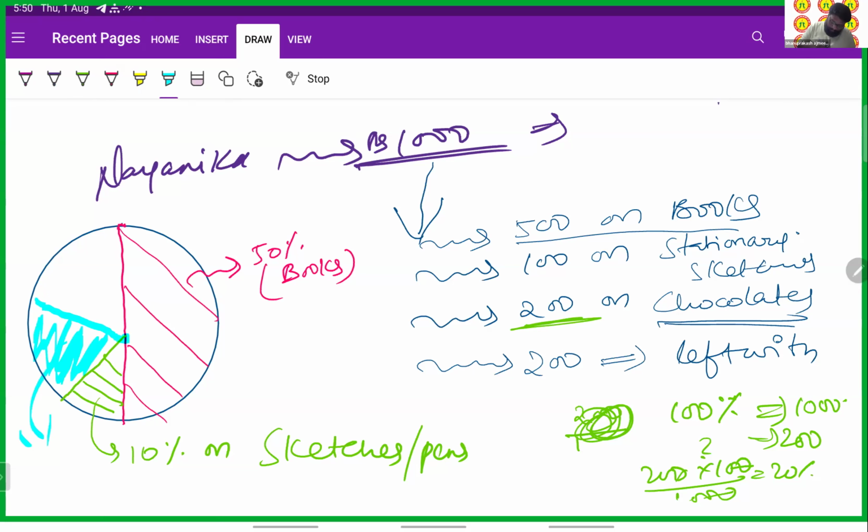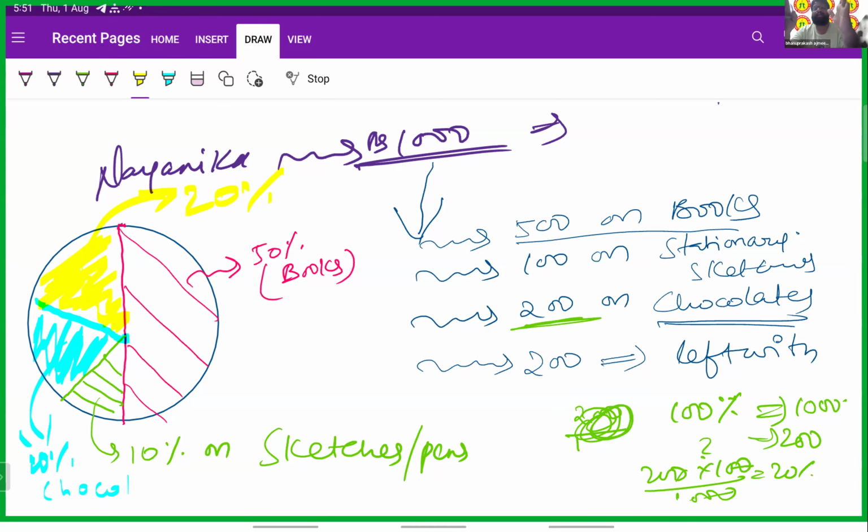So this is 20%, chocolates, and she's left with another 20%, this part. Any confusion in this? This is how you represent a pie chart. Any confusion in understanding the pie chart? No, sir.